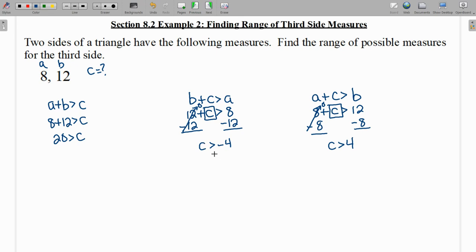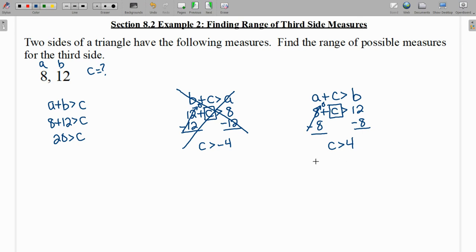We run into a problem here, because values such as negative 3 or negative 2 are larger than negative 4. But since we're talking about measures and lengths, we don't have negative values when we talk about measurements. So this is not possible, and we X that out. The third criteria says that our C values have to be greater than 4. That is reasonably possible.